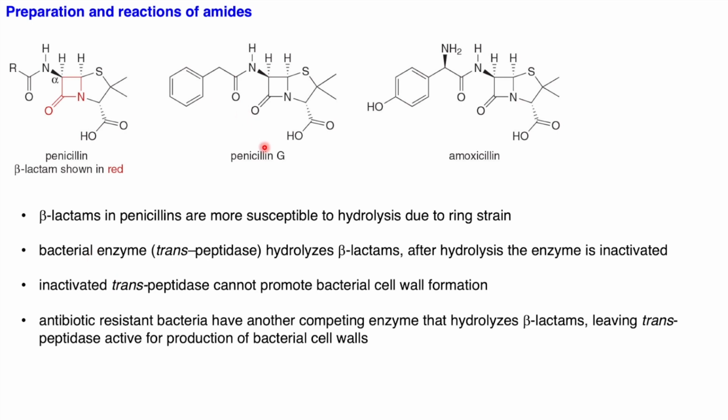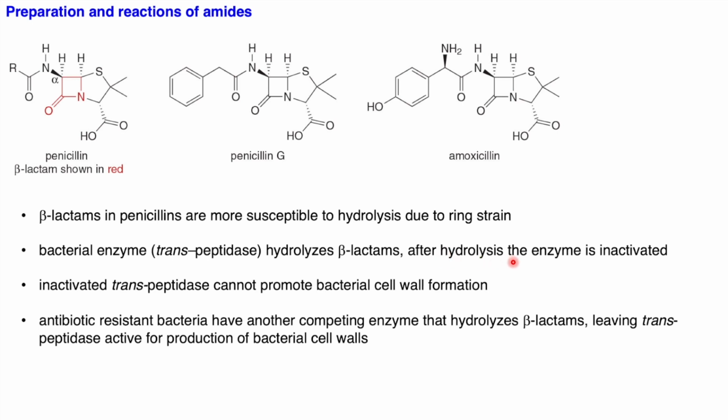As you may know, penicillins are used as antibiotics, and the reason they're successful in many cases is that there's a bacterial enzyme referred to as transpeptidase that helps facilitate the hydrolysis of beta-lactams and the substitution of an OH in this position.